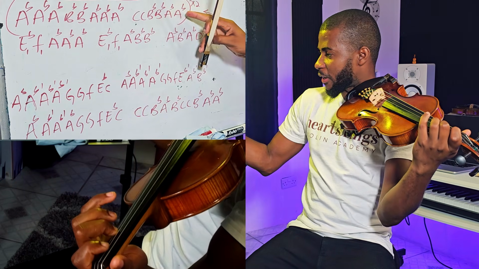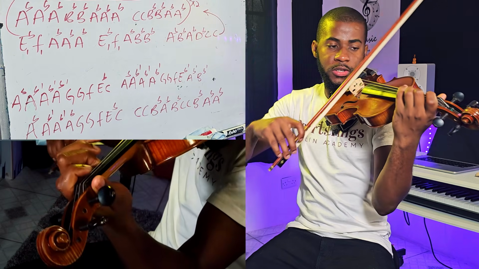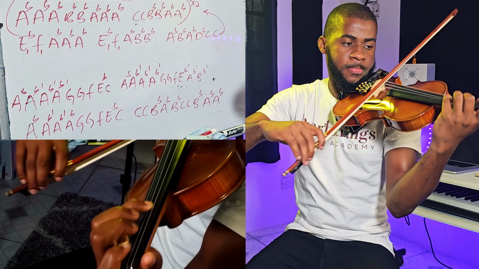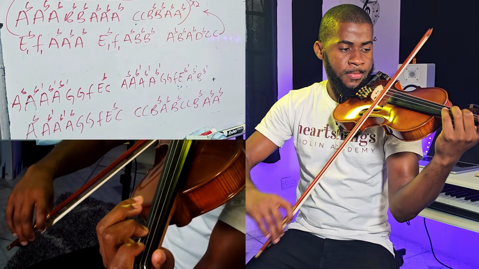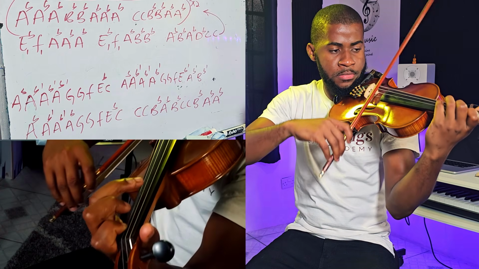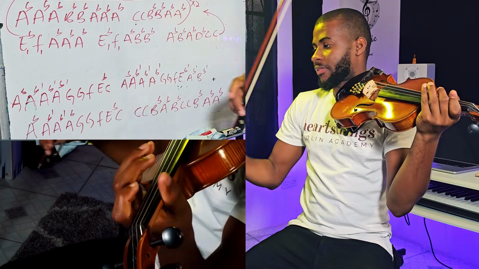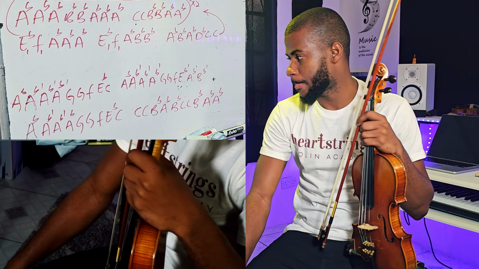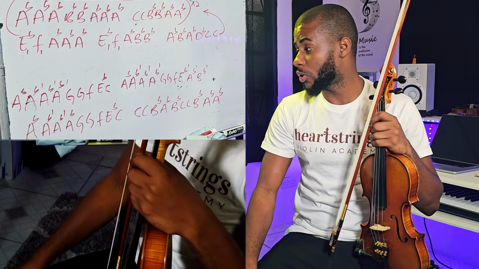Right after that, it goes back to this piece right here. We're going to do it once. And right after that, it goes straight back to the chorus. And that's it for this particular piece.